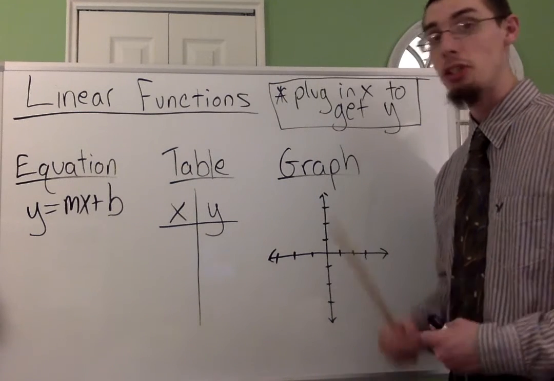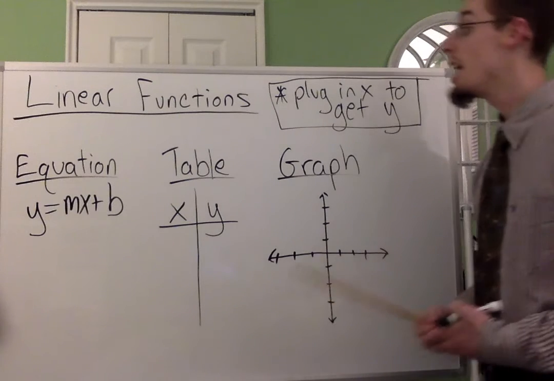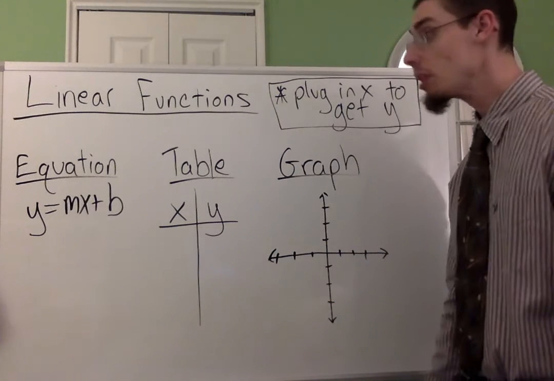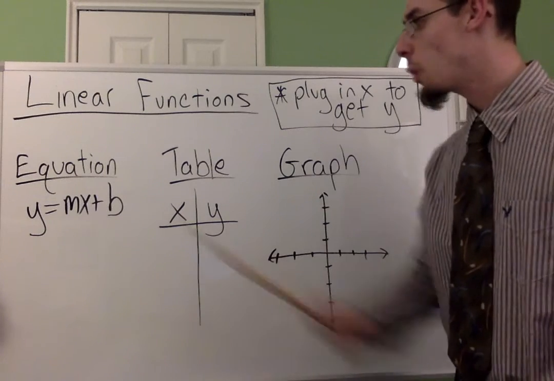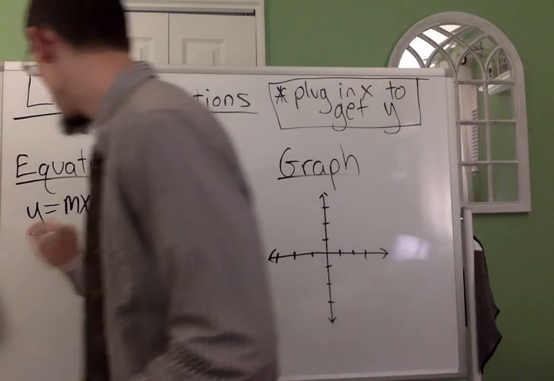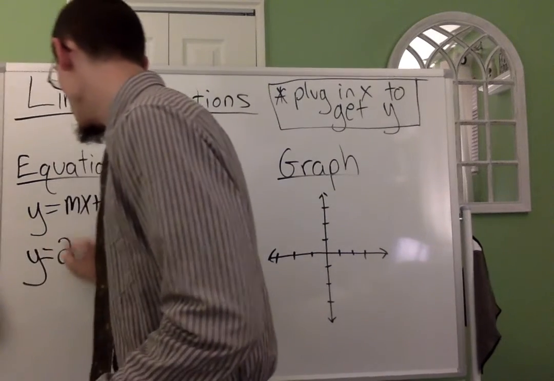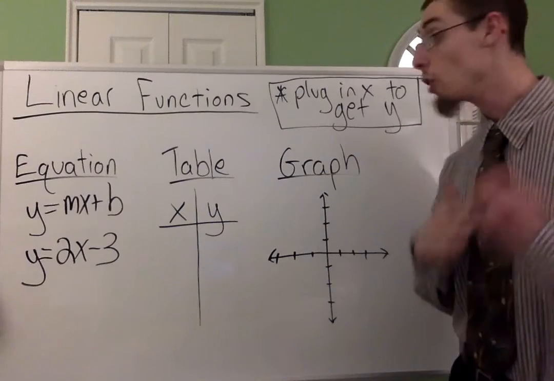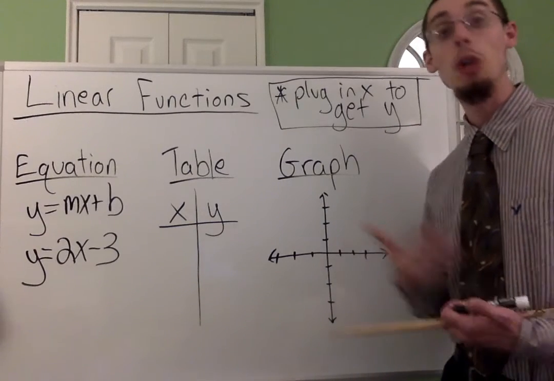Right now, we're really just trying to get the basics of these things and get the idea of plugging in x to get y. So, if this is what the equation looks like, that means we could have something like this. Y equals, let's say, 2x minus 3. Just a good old regular equation in slope-intercept form.